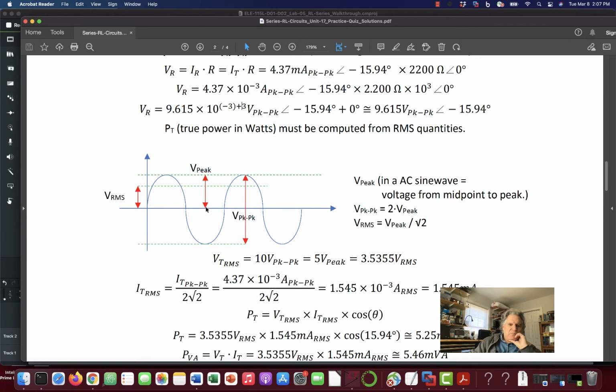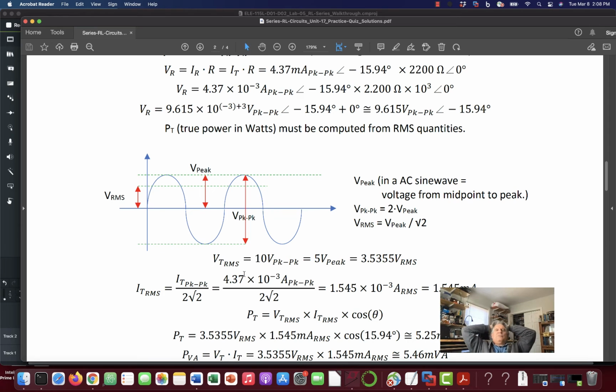The voltage from 0 up to the peak is called V peak, and the voltage from the positive peak to the negative peak is called V peak to peak. Peak to peak voltage is especially useful on an oscilloscope because it's very graphic and easy to pick out.